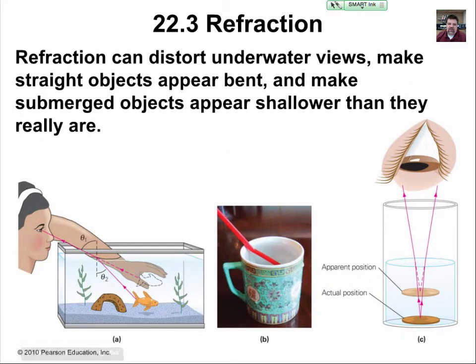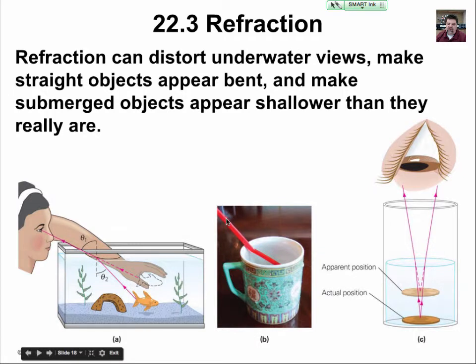So refraction can distort underwater views and make straight objects appear bent, and make submerged objects seem shallower than they really are. This last example is a pretty common one. If you look into the water, because the light gets bent, the penny appears to be closer to the surface than it actually is.